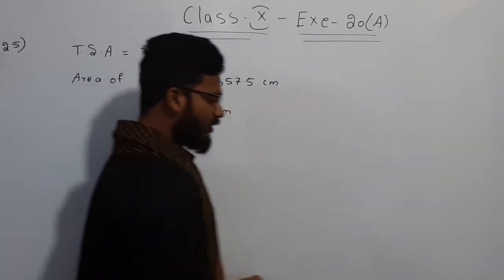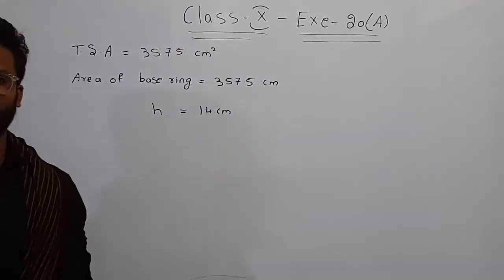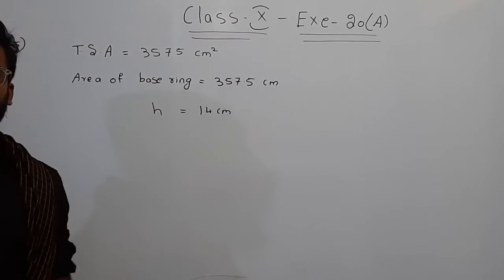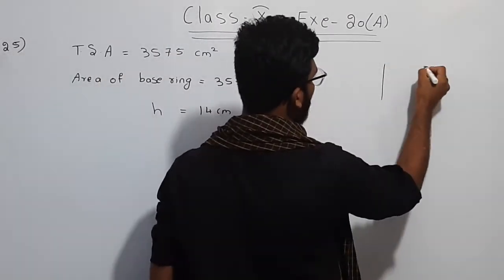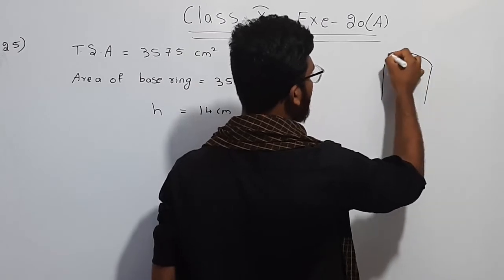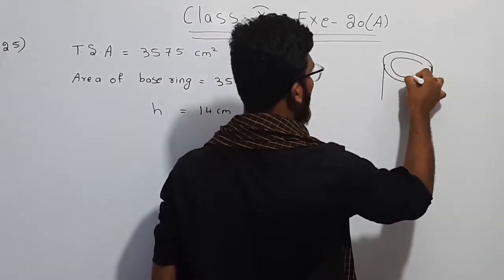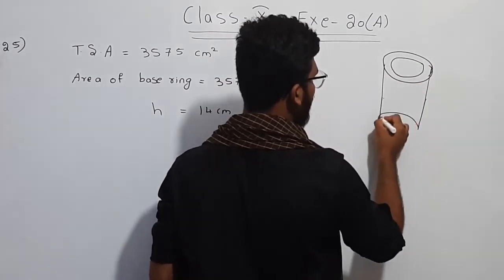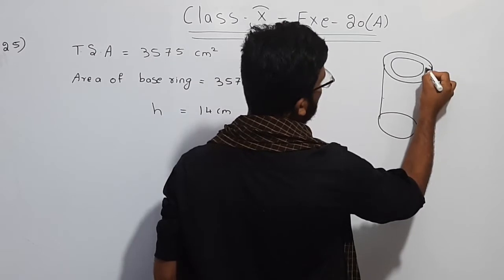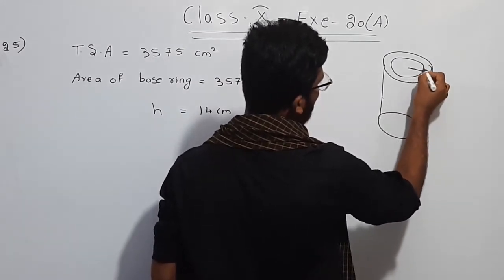See, first what we have to find? We have to find the thickness of the hollow cylinder. What is the thickness? Thickness of hollow cylinder. If you take a hollow cylinder, thickness is nothing but the outer radius minus inner radius.